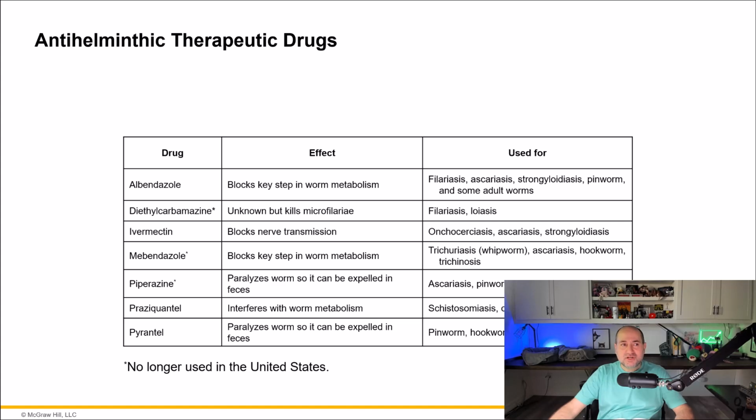Here's a table of anti-helminthic therapeutic drugs or chemotherapies. And you can see, obviously, you don't need to memorize all these, but it's nice to see the variety of different drugs and what they interfere with and what worms are affected.